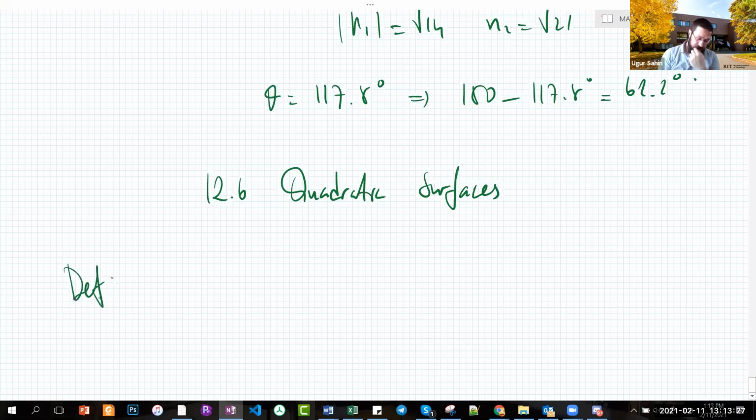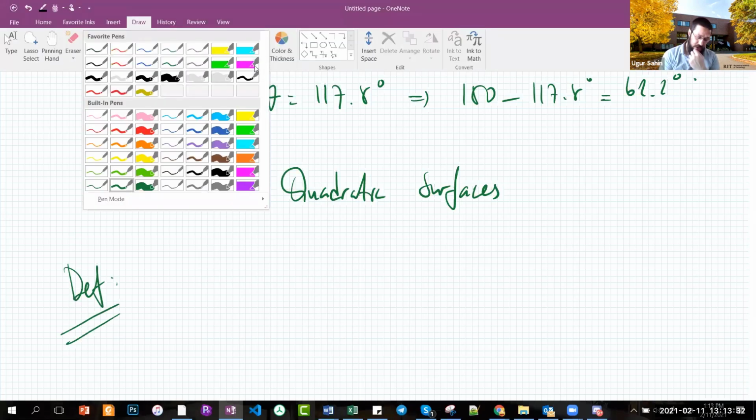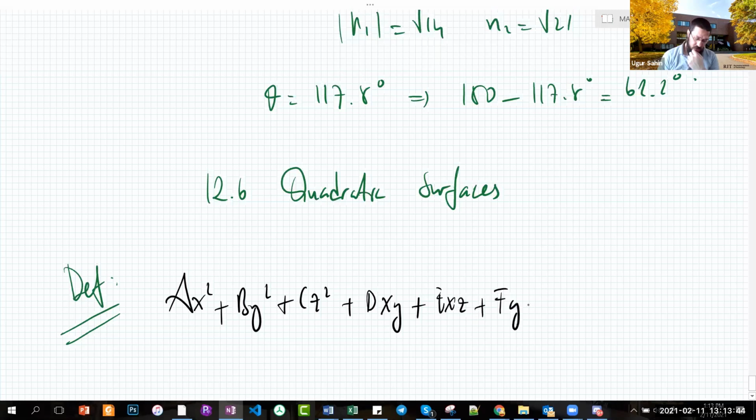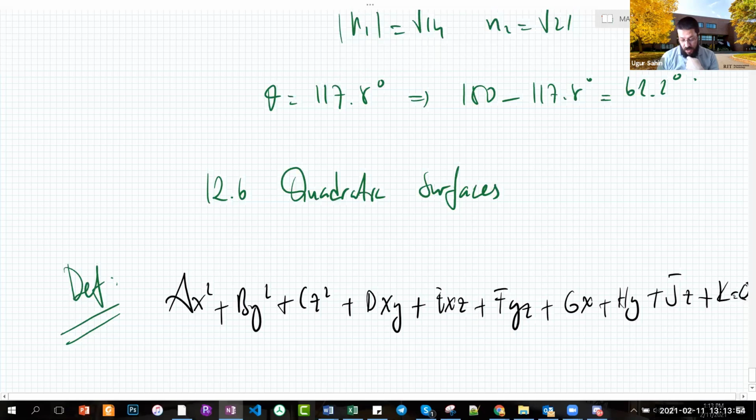The general definition of the quadratic surfaces, guys, can be given by this formula. All right?